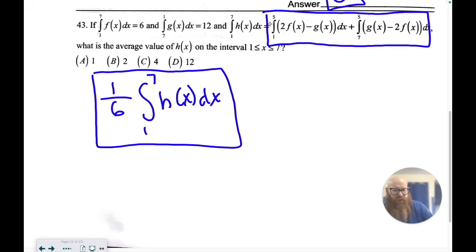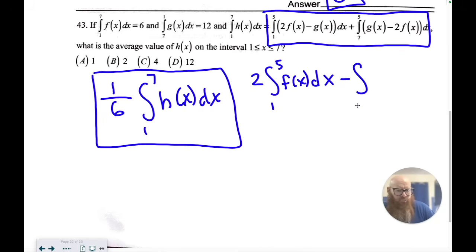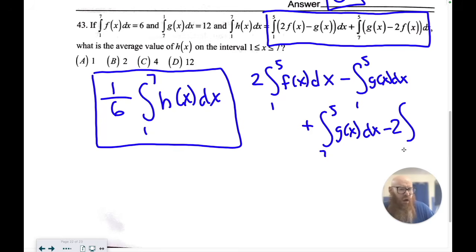So we're going to make this into 2 times the integral from 1 to 5 of f of x dx, minus the integral from 1 to 5 of g of x dx, plus the integral from 7 to 5 of g of x dx, minus 2 times the integral from 7 to 5 of f of x dx.